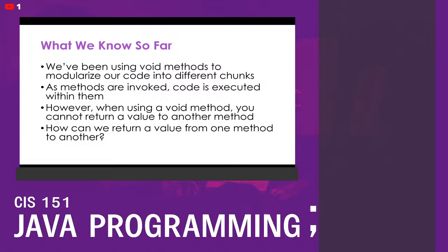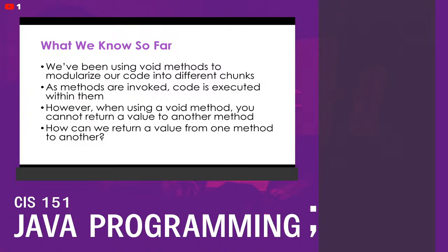But one of the things that makes our void methods sort of troubling, sort of unuseful, was the way we would have to work with them. If you'll remember, if we were going to take data from one method and pass it through to another method, we'd have to call that second method inside of that previous method and pass the data through as an argument.